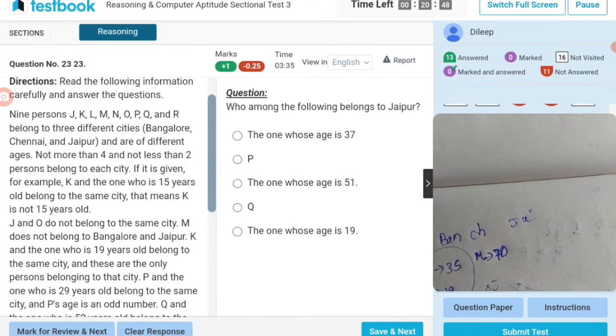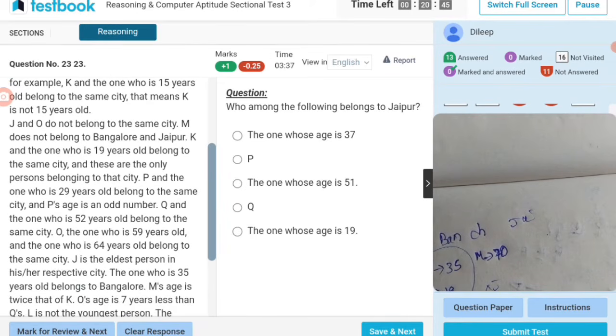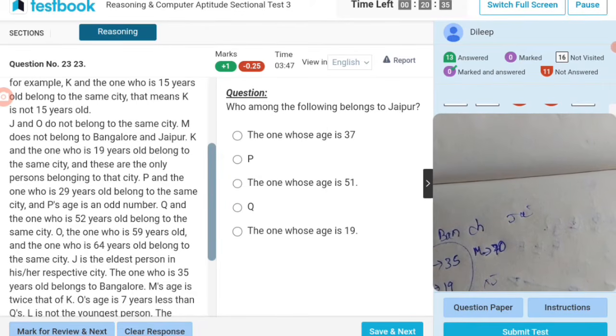Means here 7. J and O do not belong there. P and 29 are all in the same city. P is an odd number.